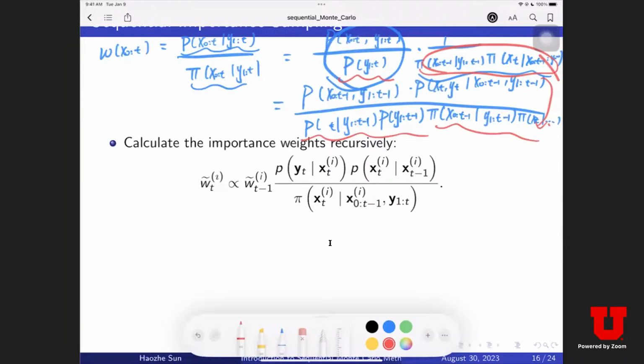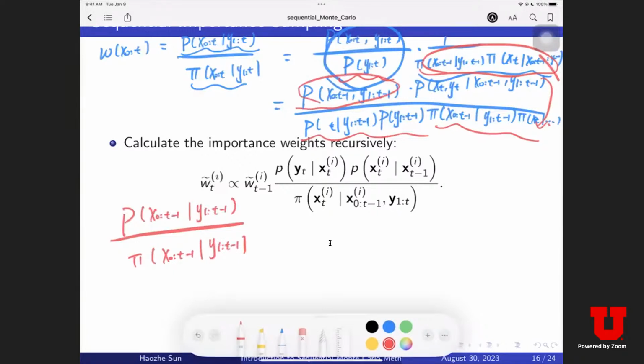And we will get the p of x_0 to t given y_1 to t. We will use this part.